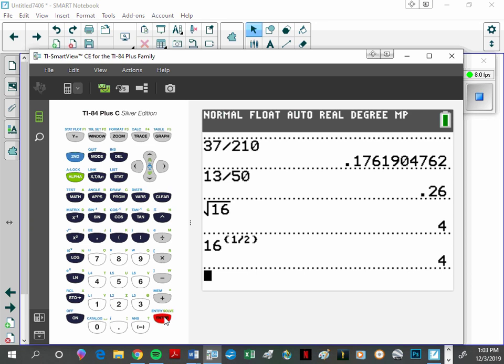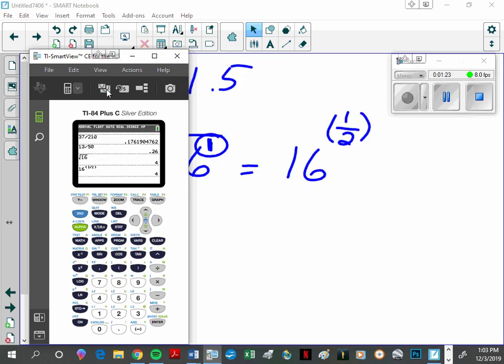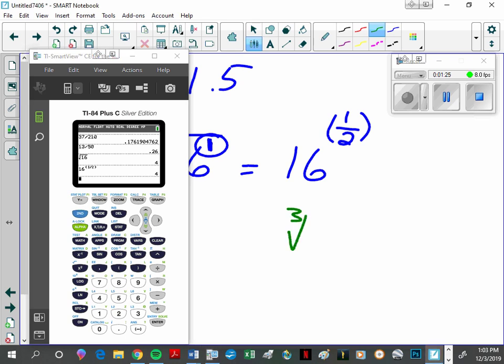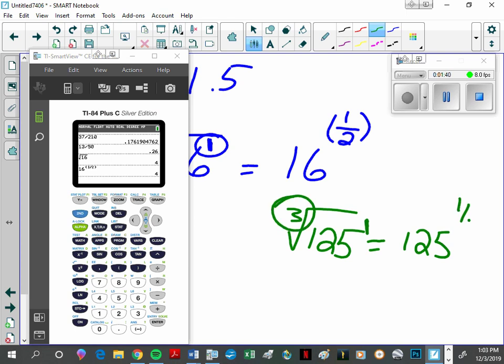Okay, so what if I wanted to do the third root of 125? What is that in fraction form? It would be 125, and then the exponent here is a 1, and the radical is a 3, so it would be 1/3.